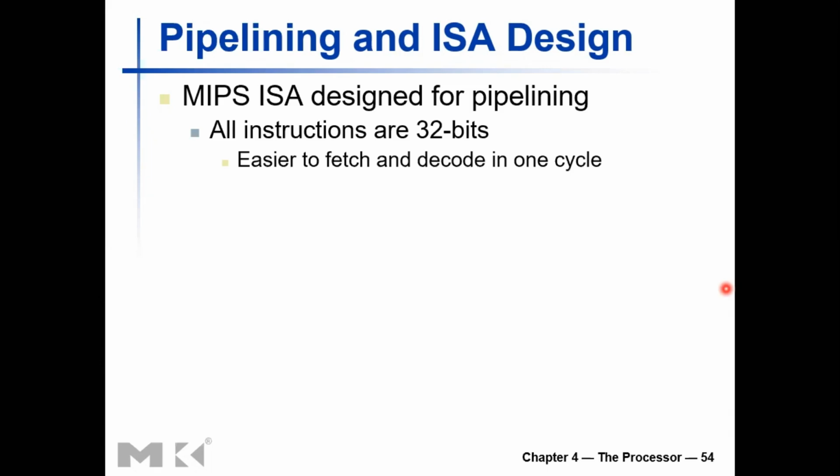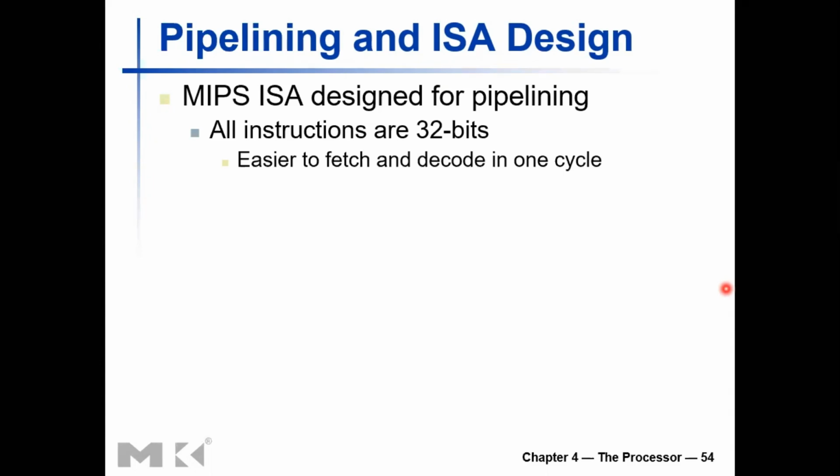One of the characteristics is fixed instruction length, which is actually the same with ARM as well, because ARM has pipeline implementation in mind too. But certain characteristics in MIPS help the pipeline implementation better. All instructions are fixed 32 bits wide, so the fetching and decoding is simpler.